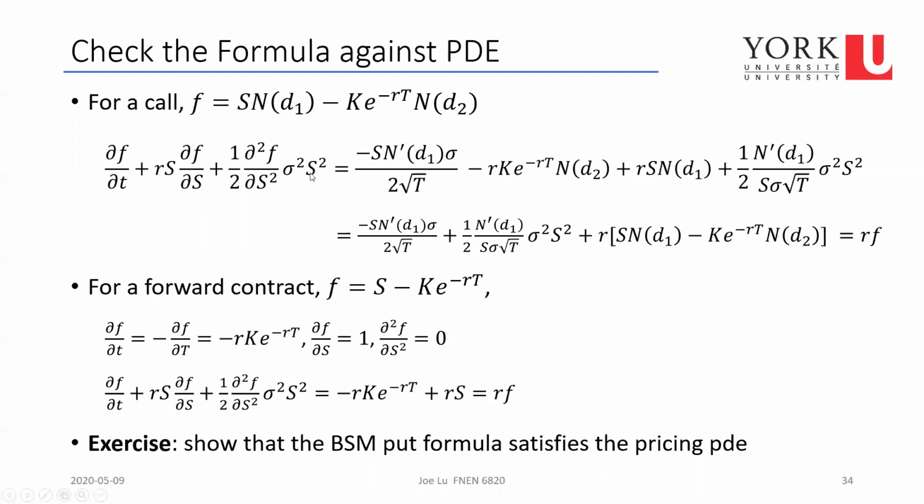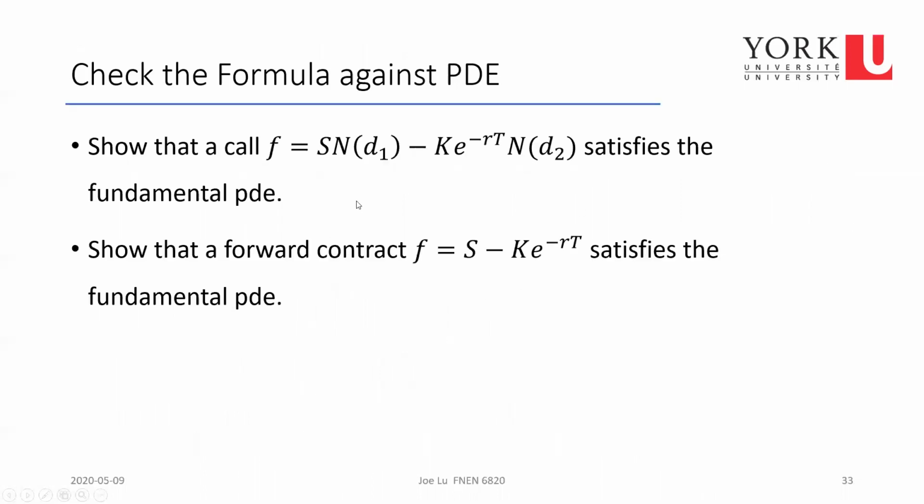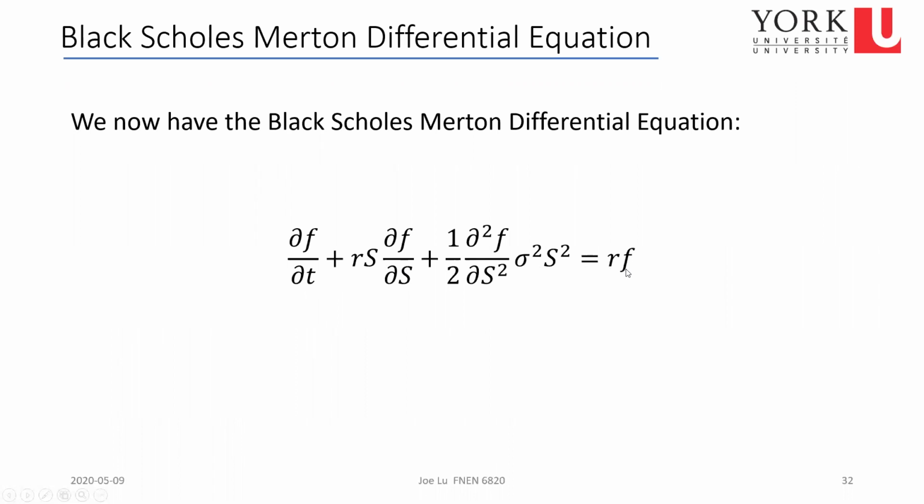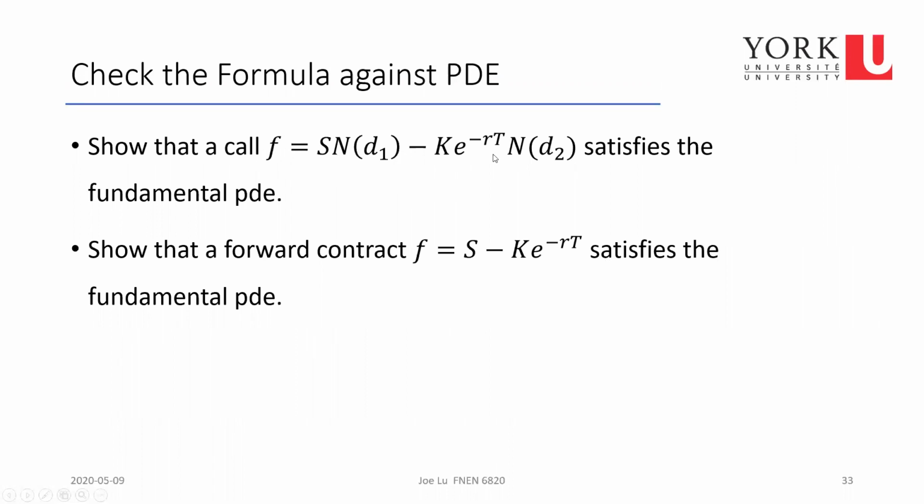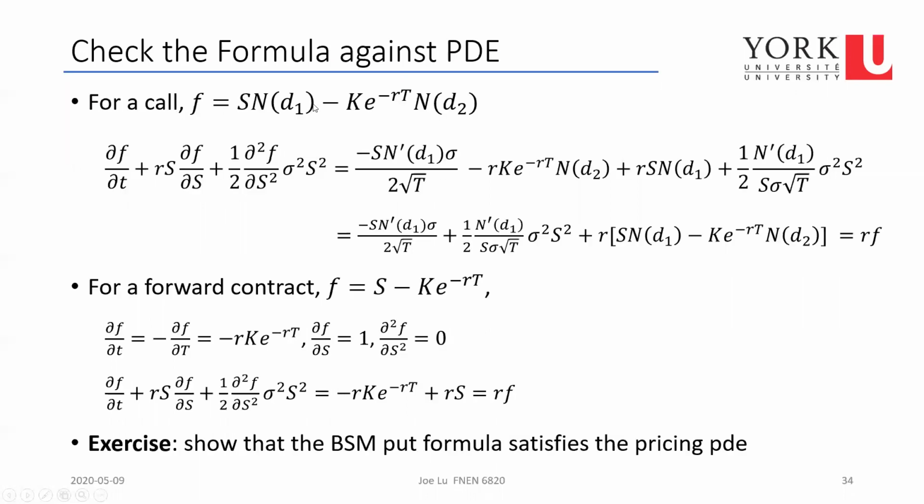Basically, the left-hand side is equal to this expression of the right-hand side, which is exactly this fundamental partial differential equation. So we show that the call price here satisfies this fundamental partial differential equation. So that means it's the right call price.